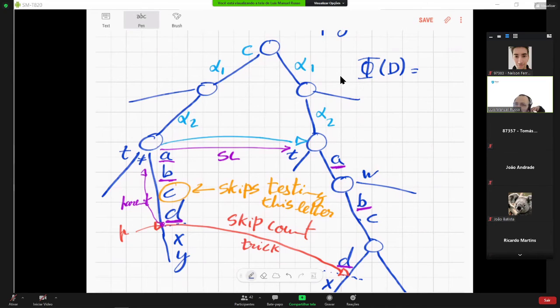Instead, I'm going to use something else, okay, which is the following, right? Ideally, when you need to use credits, your potential function should decrease.